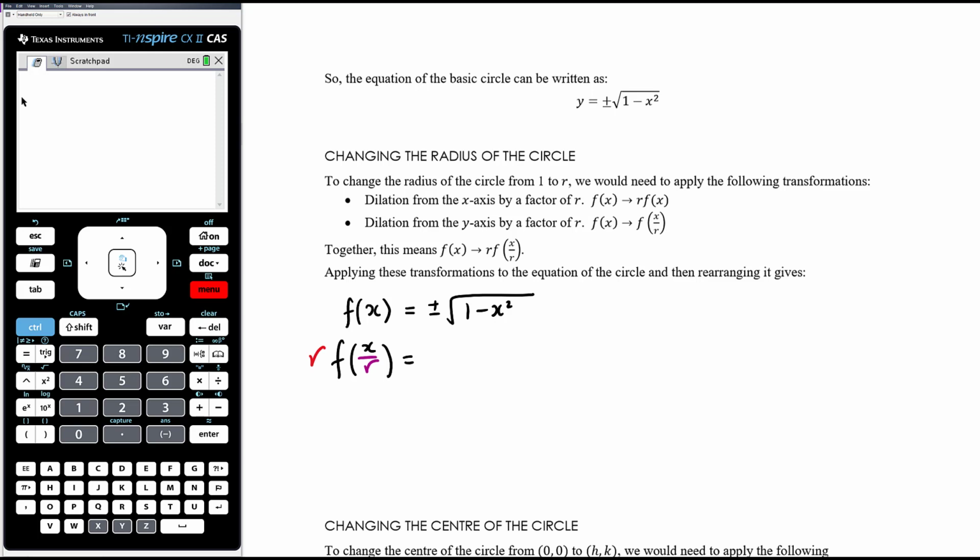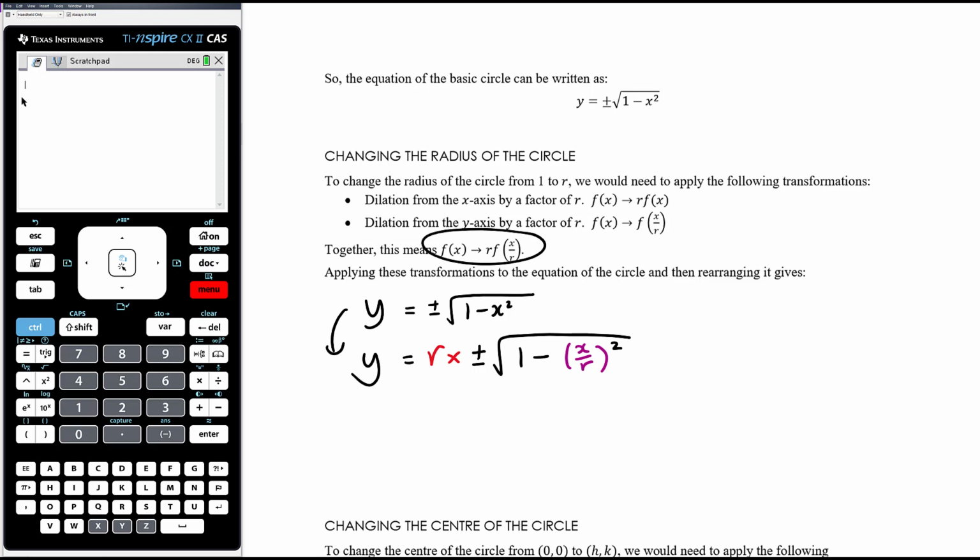So that means that we want to do r times the positive or negative square root of 1 minus, and instead of x, it's going to be x on r, all squared. Okay, so what we actually have is y, it becomes, under this transformation, y equals that.